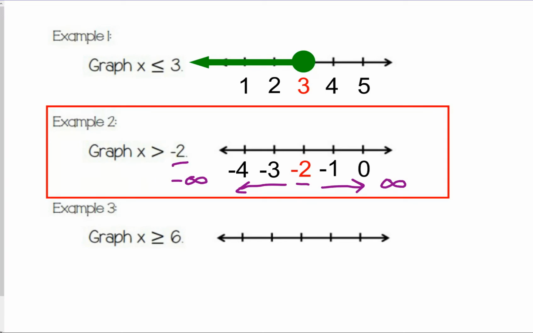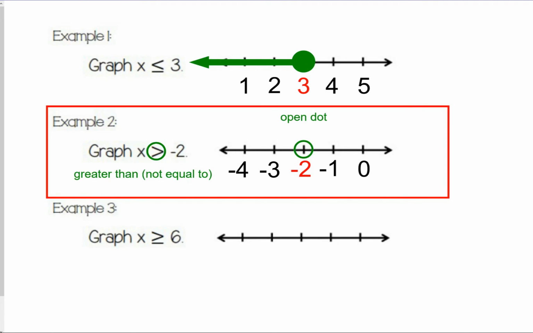The next thing we should have done was identify this symbol as a greater than symbol. Notice how it's not equal to because there's no underline on the symbol. Next, we're going to decide that it has an open dot because it is not equal to. -2 is not part of our solution, so we leave it as an open dot.